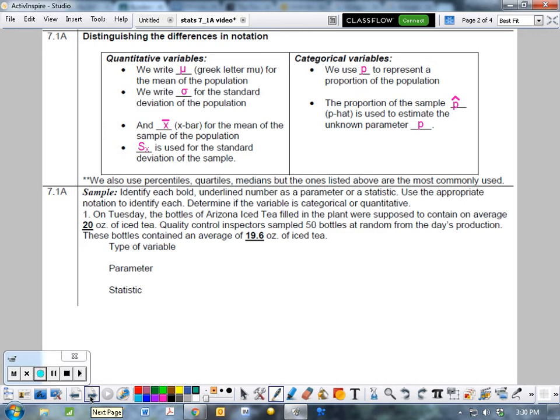So, distinguishing the differences in notation. Typically, when we're working with quantitative or numerical data, we work with means and standard deviations. When we're working with categorical variables, we're working with proportions.